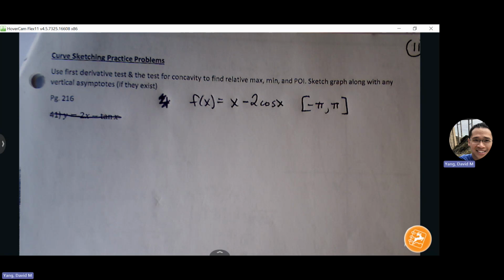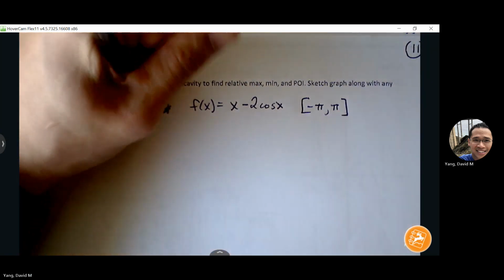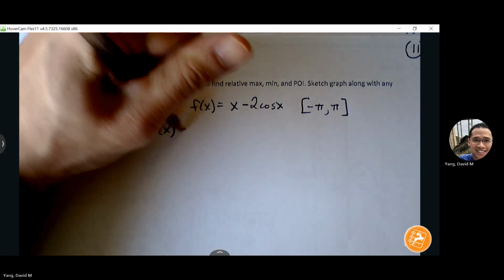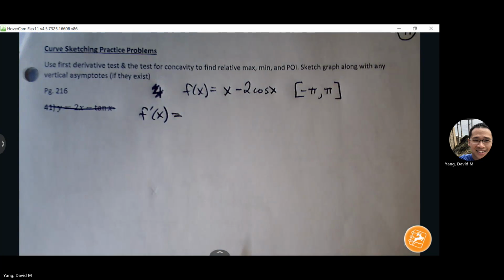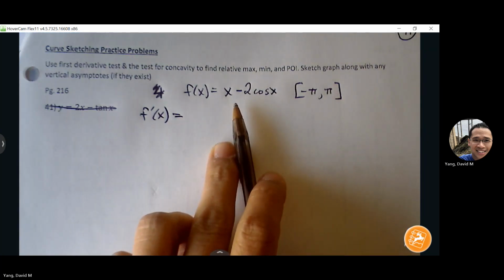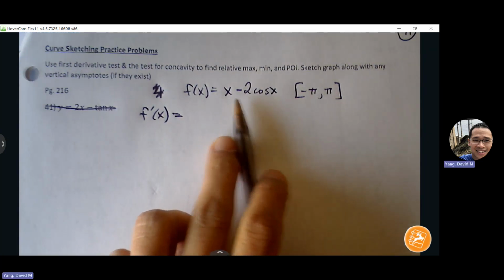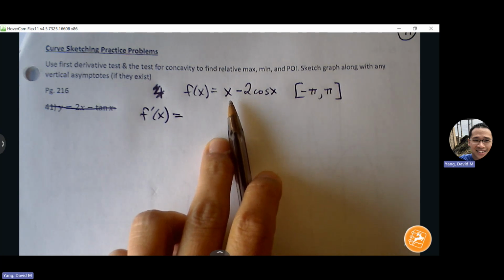All right, so we know that everything is going to come from initially the f prime and f double prime. So let's start off with that. F prime: x minus 2 cosine x.